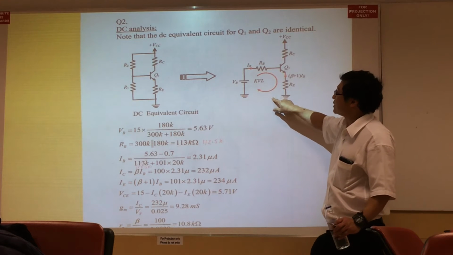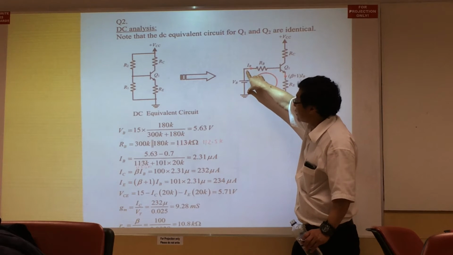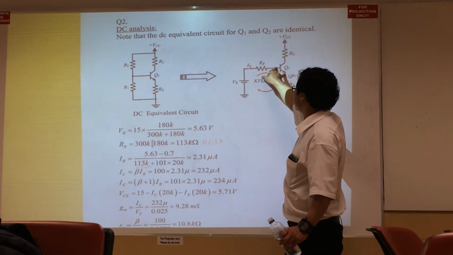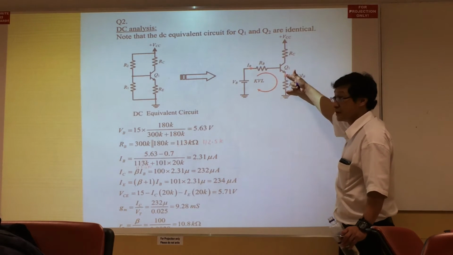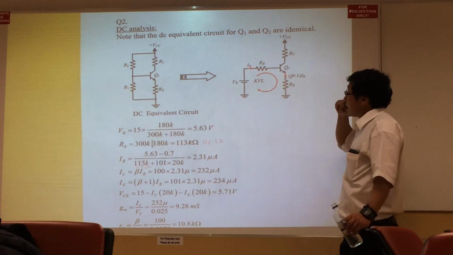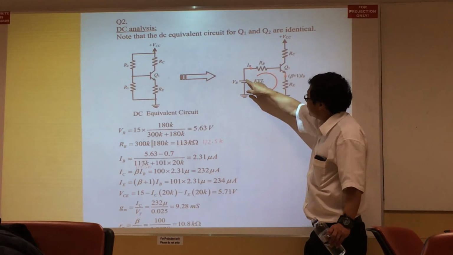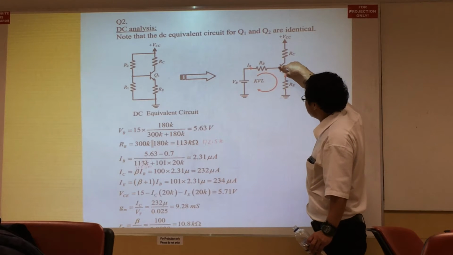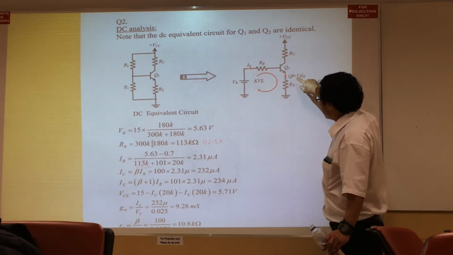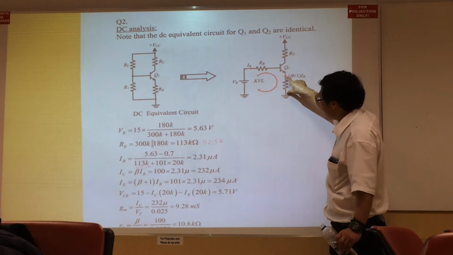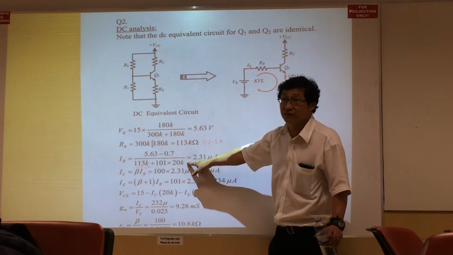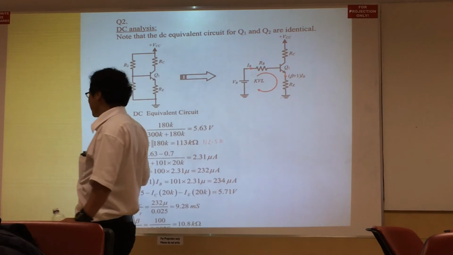And then you can do this loop equation here. So in this loop equation, you find that VB must be equal to the voltage drop here plus the voltage drop of 0.7 plus the voltage drop across the emitter resistance. So therefore you can write VB is equal to IB times RB plus 0.7 volt plus beta plus 1 times IB times RE, and when you rearrange it, you end up getting the equation in IB.